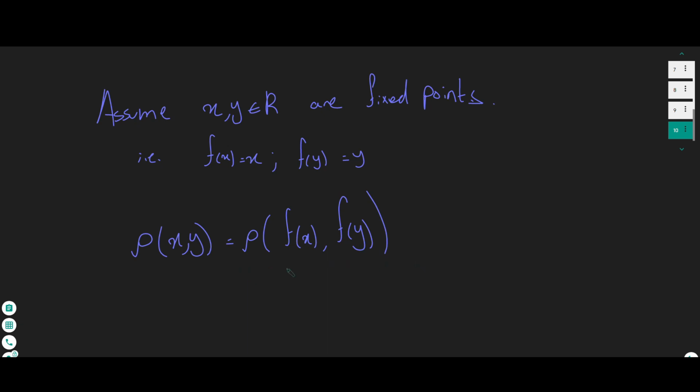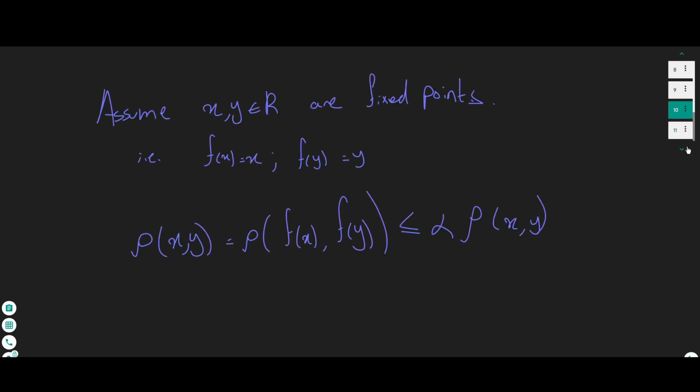But what we can apply here is the contraction mapping. We shouldn't forget that f is a contraction mapping. So this is less or equal to alpha times rho of x, y, right? These two terms are in the inequality. I can just ignore this one for now.